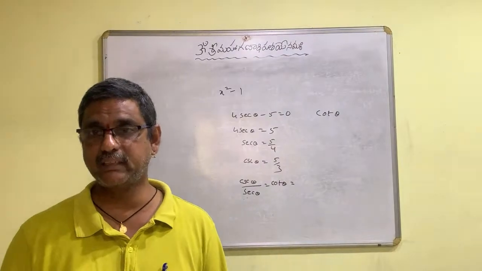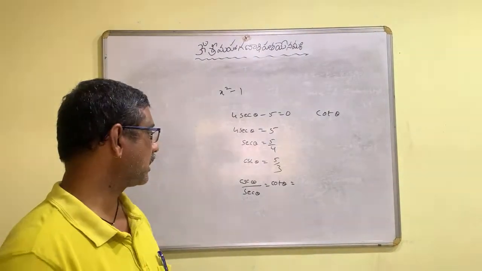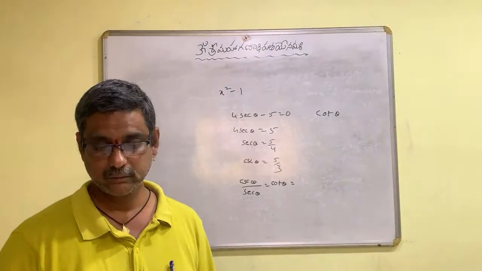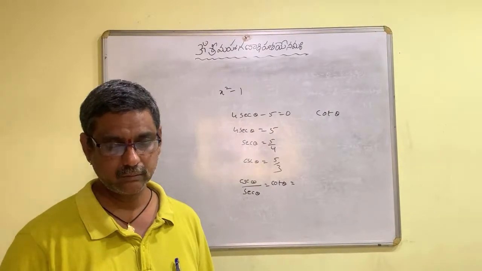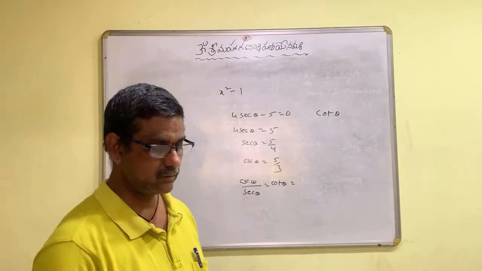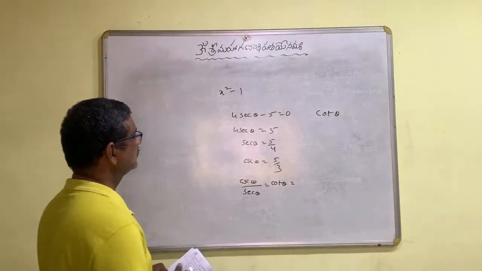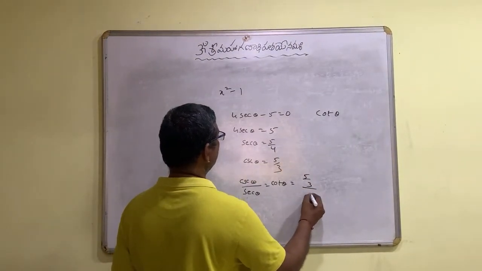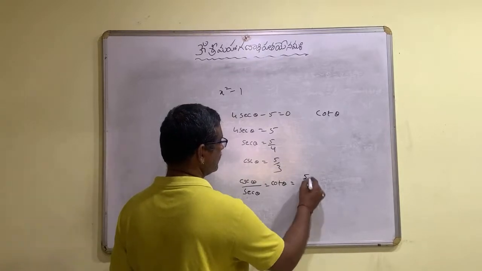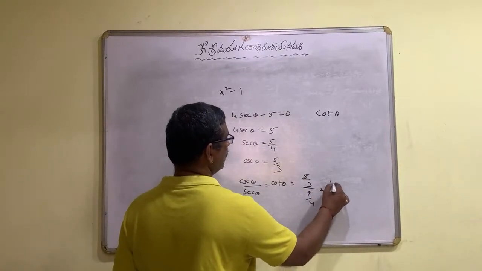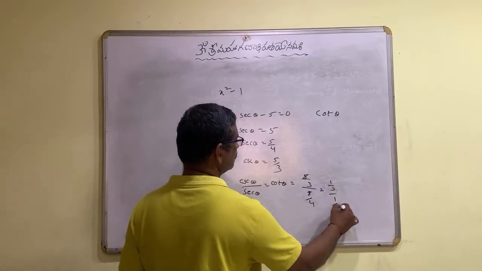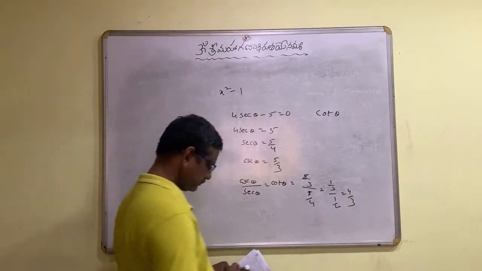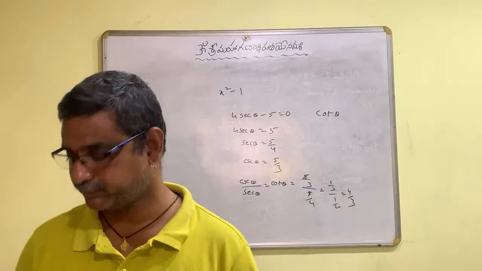Okay? So what will you get? 5 by 3 by 5 by 4, which is 1 by 3 by 1 by 4, so 4 by 3. Okay?